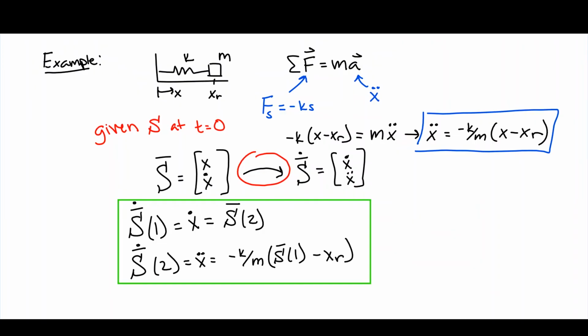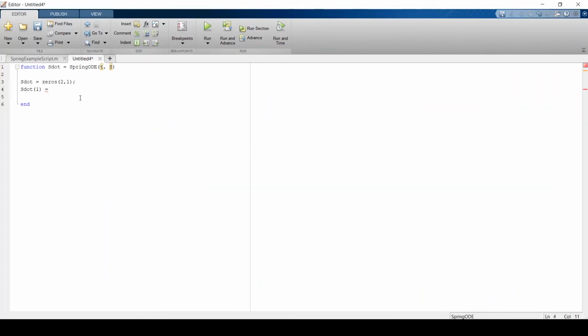Going back to our example problem, we established previously that this first index, if we want to represent it in terms of S, is x dot, which in our input S is just the second index. So S dot 1 is simply S2.